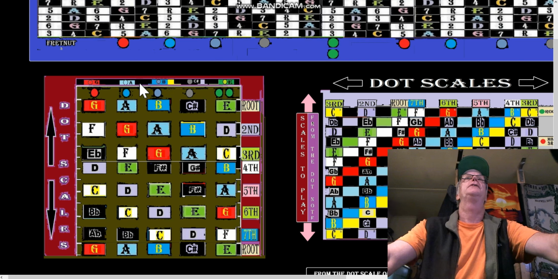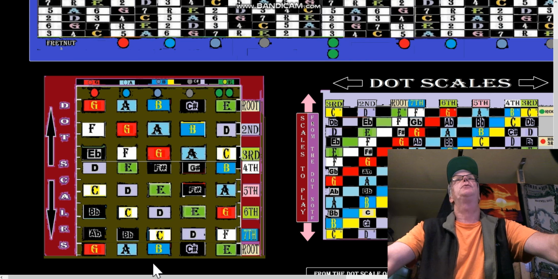So let's look at that G dot again that we were looking at. Here we have G, F, E flat, G, C, B, A flat, G. Now these ones I rearranged so that the G would become the root of the dot scale. So these are definitely the dot scales.